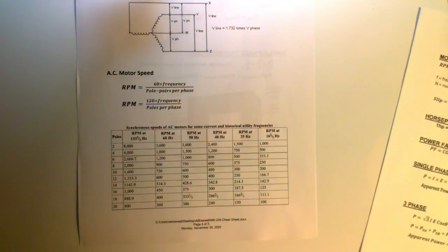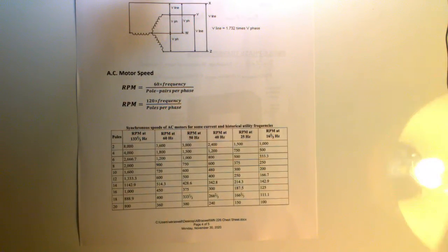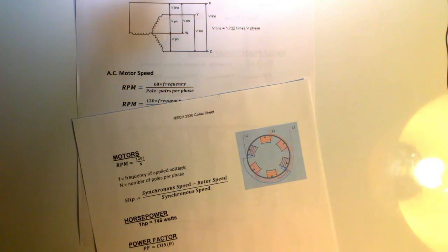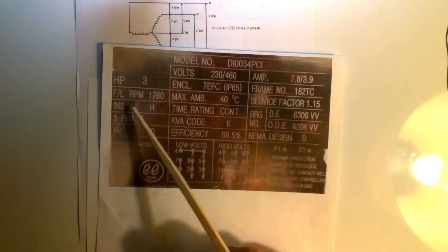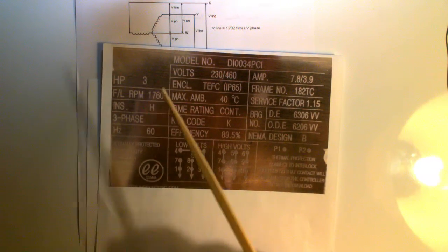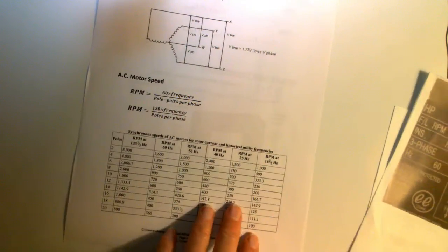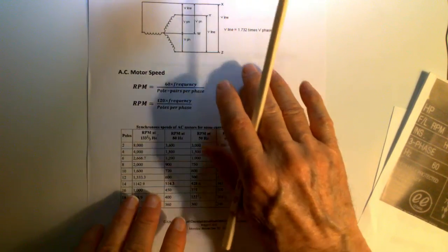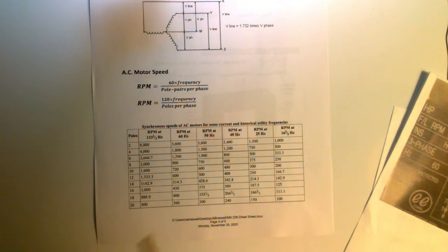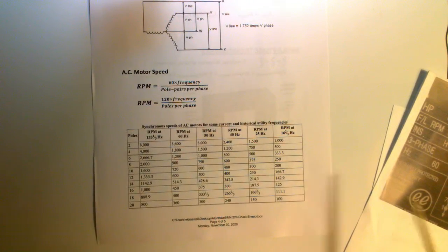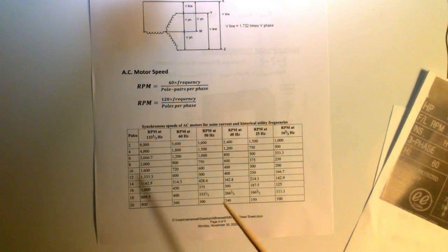All right. The question that we had was, what's the synchronous speed of the magnetic field for this motor? Well, the full load RPM is 1760. The synchronous speeds have to be a whole number, and the actual speed will be slightly below that whole number.